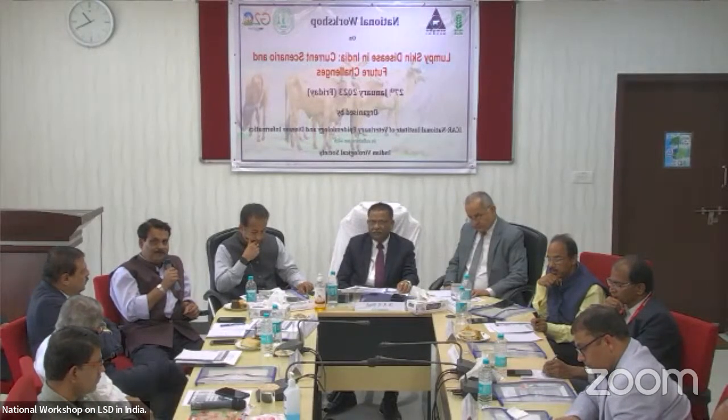So we have to have, as our honorable DDG sir also told, that consortium. In NIVEDI and NISAD, we have several isolates representing 2019 to 22, and many of them we have already adapted to cell culture.